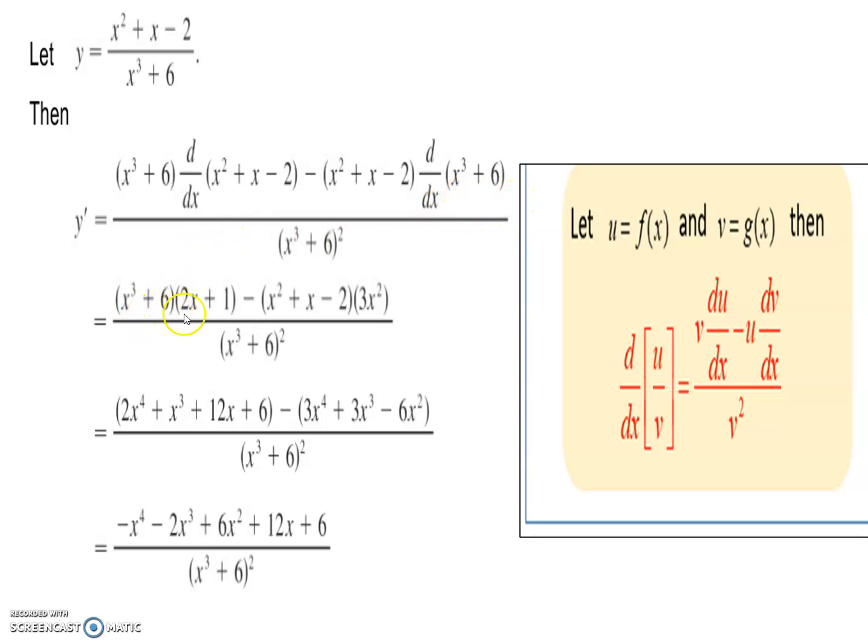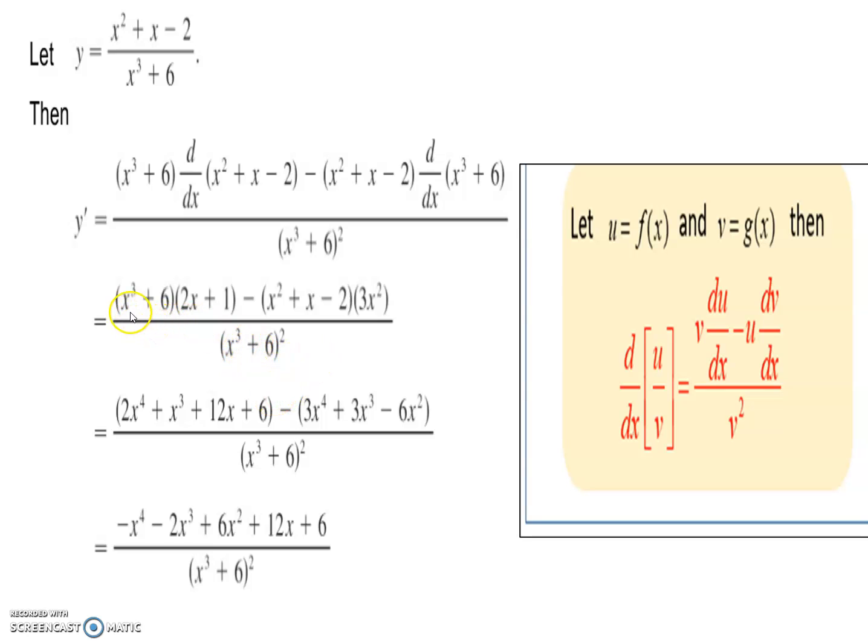What is the derivative of x square? 2x. What is the derivative of x? 1. What is the derivative of x cube? 3x square. What is the derivative of 6? 0. So the denominator is x cube plus 6 whole bracket square.